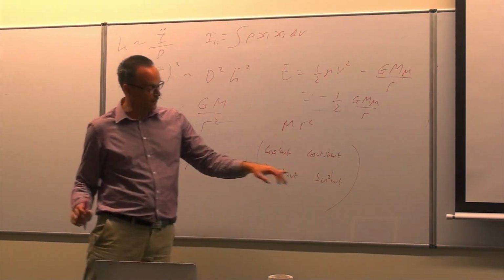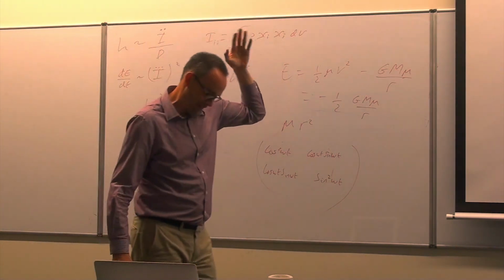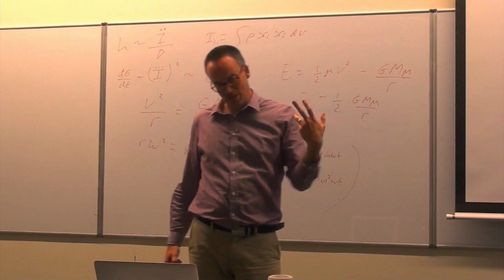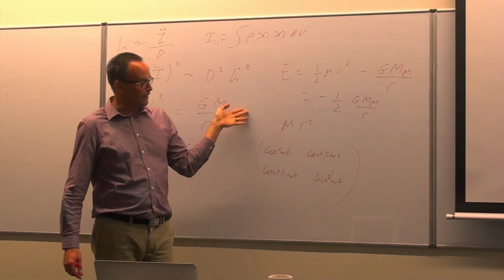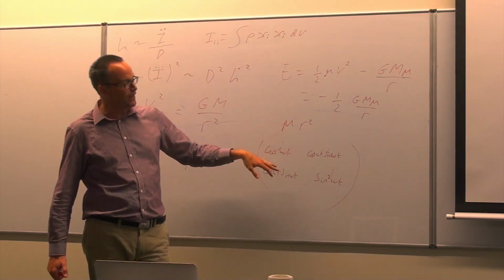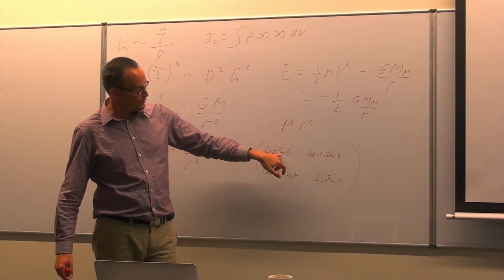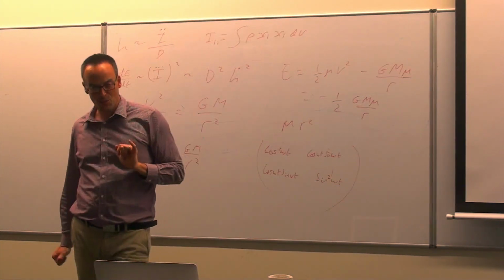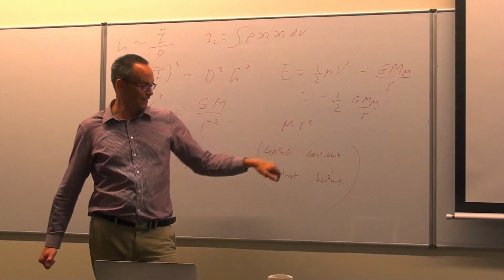Again, for GR, it's the trace-free version of the quadrupole moment that's relevant. When you subtract the trace, you're basically taking half of this sum from both of them. What you find is that you've got cos squared omega t minus sine squared omega t in these two components, and cos omega t sine omega t in these two.